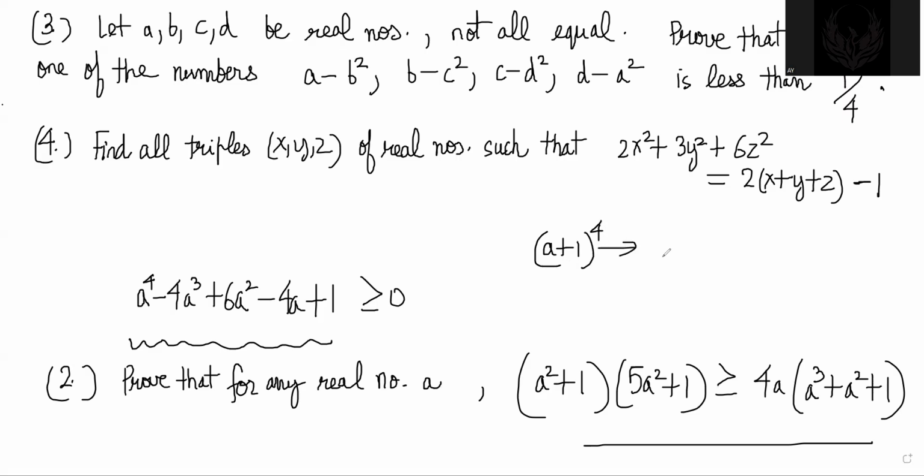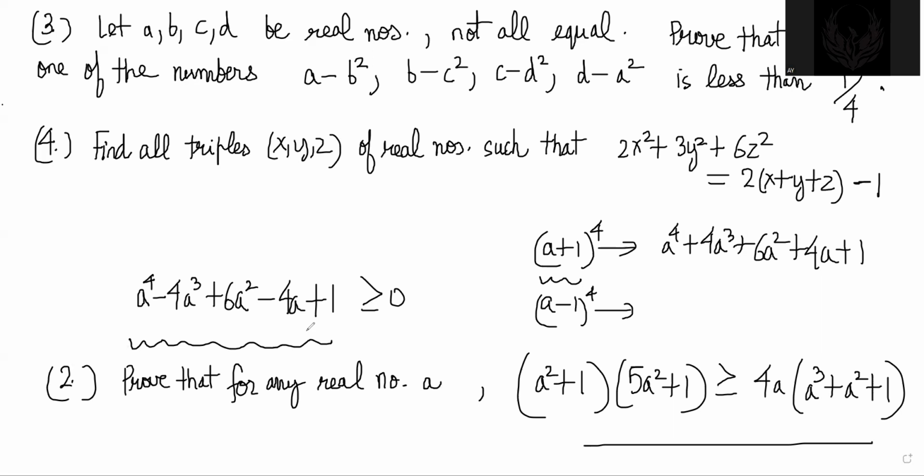The coefficients of the terms in this expansion of (a plus 1) to the power 4 would be a power 4 plus 4a cube plus 6a square plus 4a plus 1. Here they come with alternate signs. Pascal's triangle you have heard of, right?